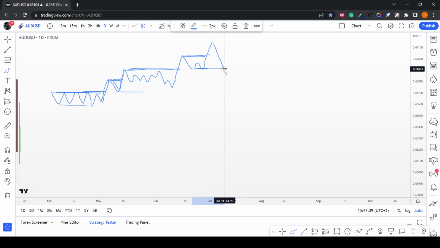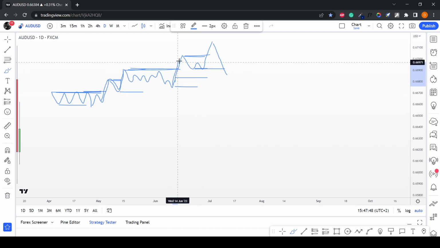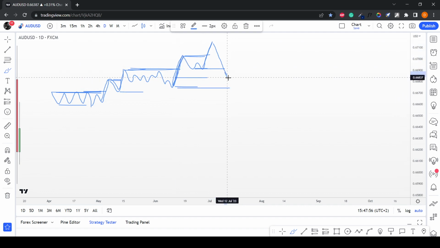And I will explain a bit more about this, but basically this is known as reaccumulation, and we can still expect this low to hold. So this range failed, but we can still expect this low to hold, and we can still look for confirmation inside there.